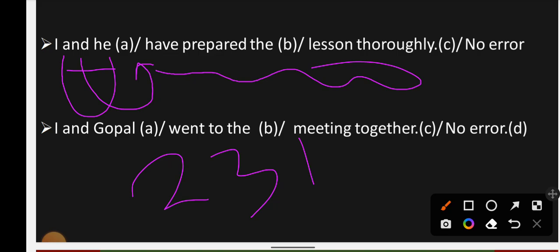But I was just asked, what is the logic behind it? Let me explain the logic behind using 2, 3 and 1. Let's take an example to understand it very clearly and sharply.